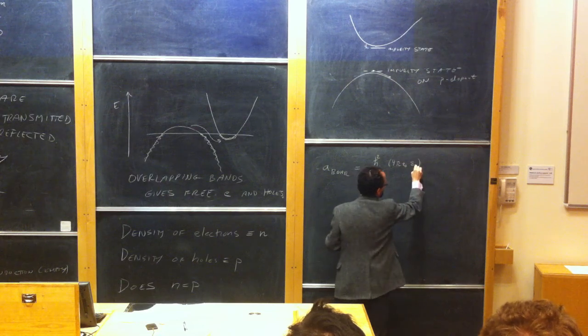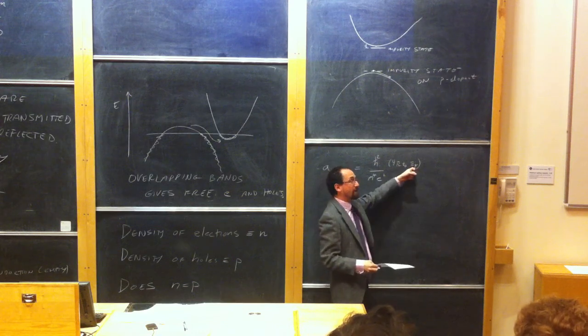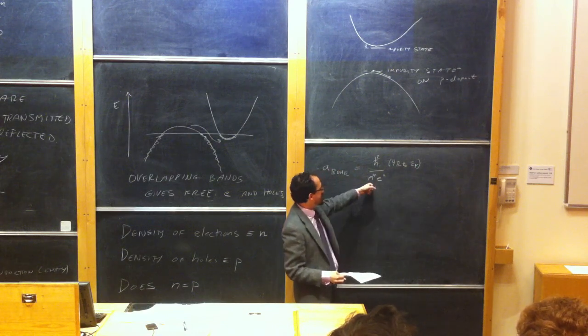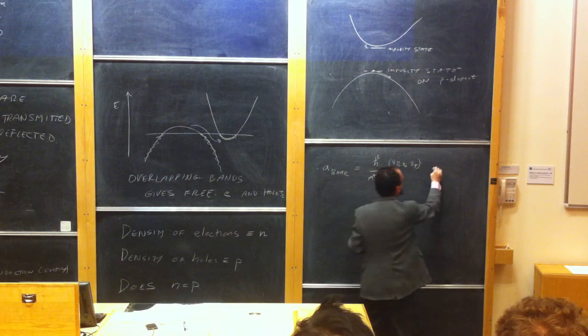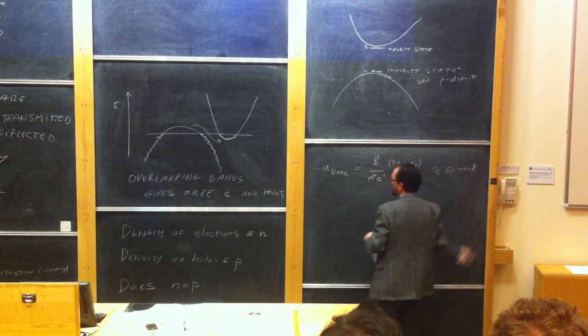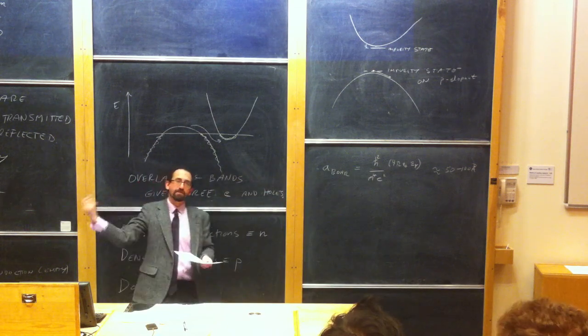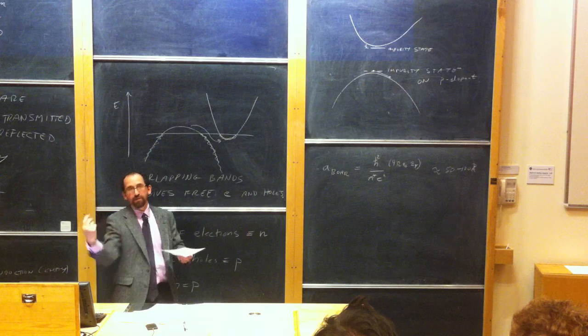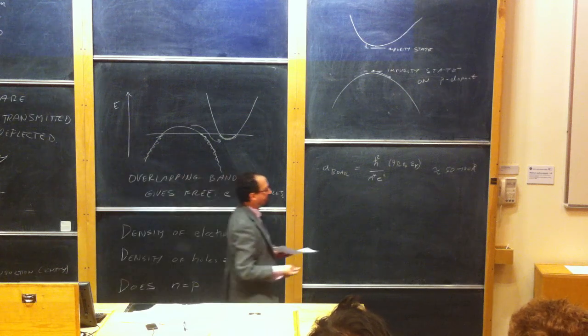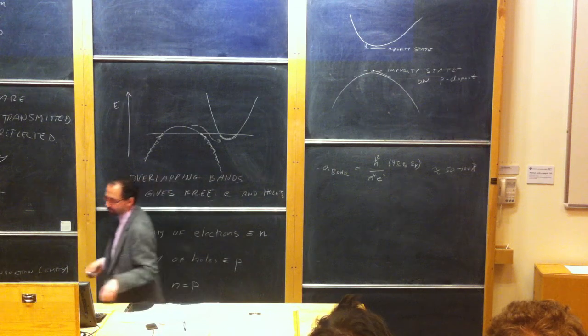So it differs from the usual Bohr radius by a factor of the relative dielectric constant and by a change in the effective mass. And this number can be 50 to 100 angstroms. So it's a great big orbit that runs around many atoms. It's very weakly bound to this phosphorus atom, or boron atom, where it happens to be a hole.